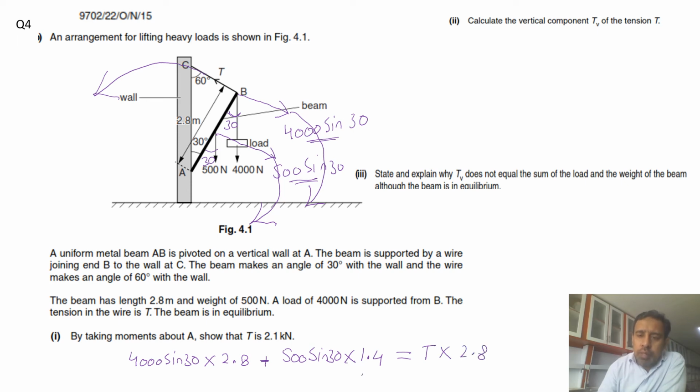So by solving this, we can get that T is 2100, or you may write it as 2.1 kilonewton.